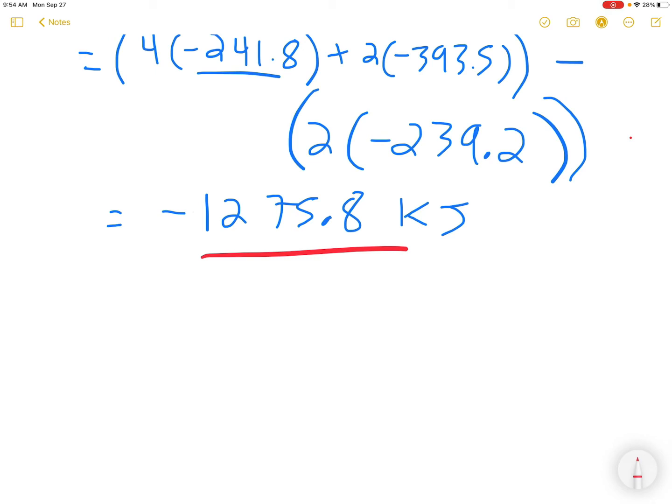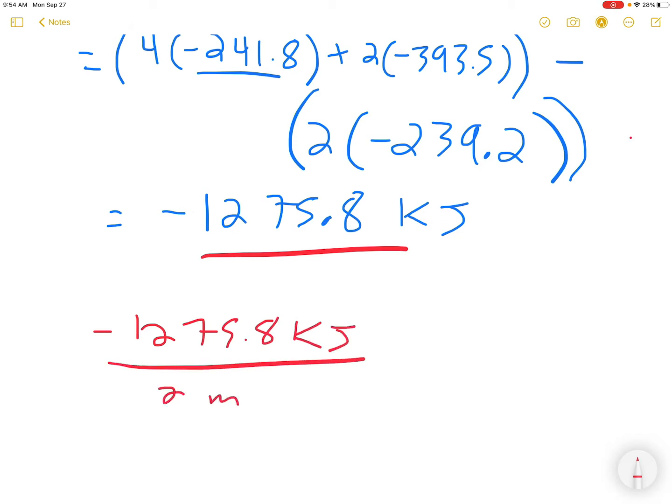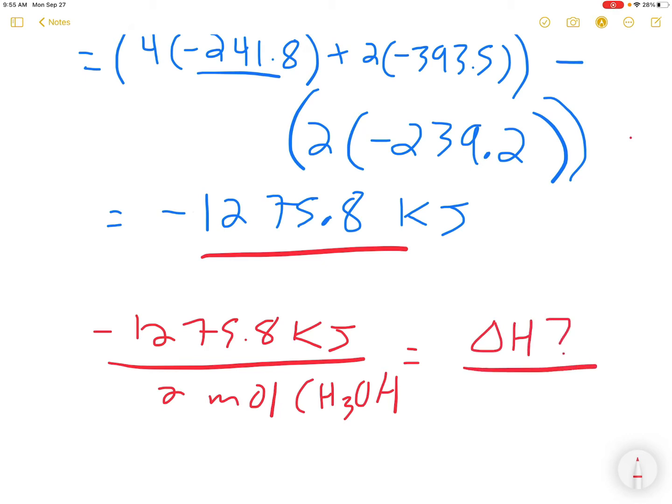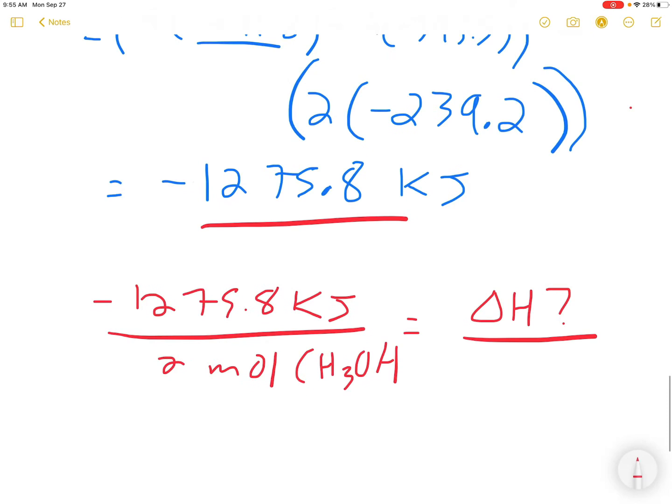We say that there is negative 1275.8 kilojoules per 2 moles of CH3OH. Then we're going to write delta H question mark: how many kilojoules are released when 2.0 grams of CH3OH are actually used?